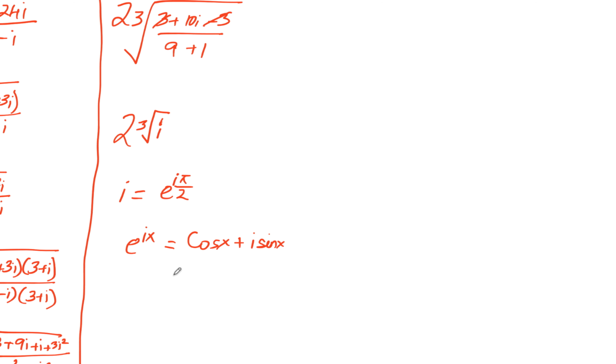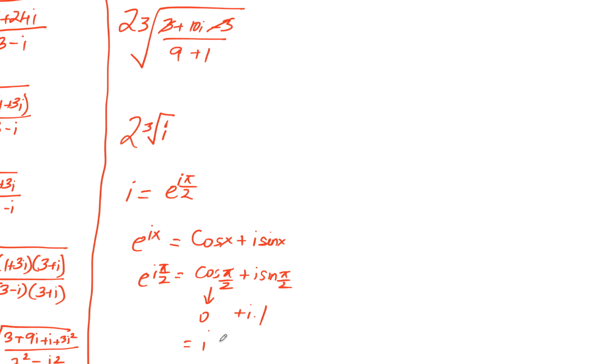Now let's substitute pi by 2, so we can say e power i pi by 2 is equal to cos of pi by 2 plus i sin of pi by 2. Now this is very clear, right? Cos of pi by 2 is 0 plus i into 1, so naturally this works out to be i.